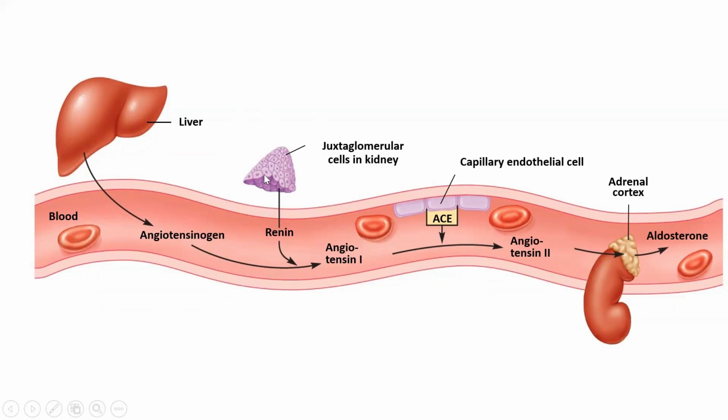The first thing that happens, the granular cells, the JG cells of this complex, will secrete that renin, and that will initially convert angiotensinogen into angiotensin 1. The next thing that happens is the conversion of angiotensin 1 to angiotensin 2 under the influence of ACE. ACE is secreted from our capillary endothelial cells.